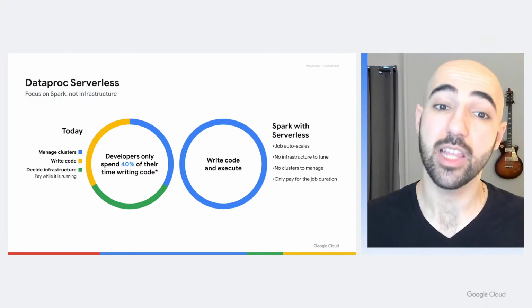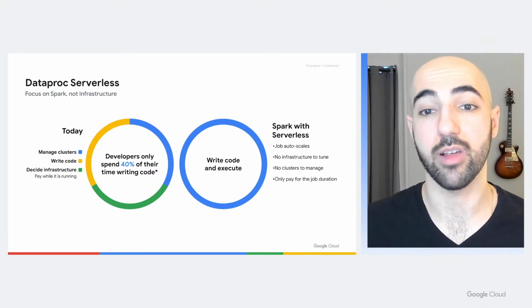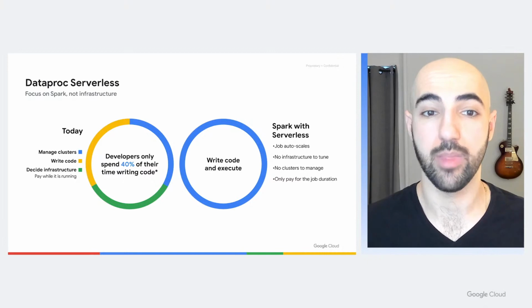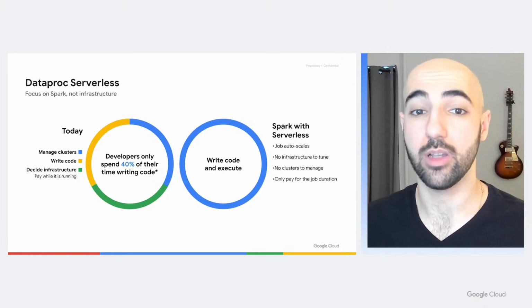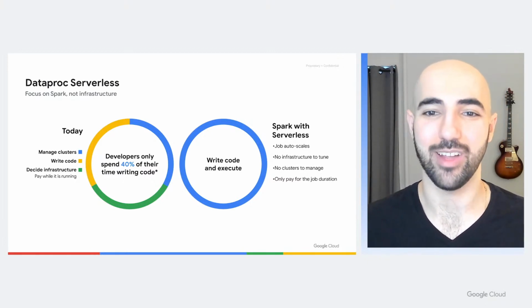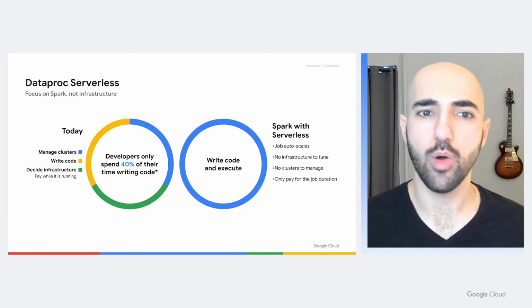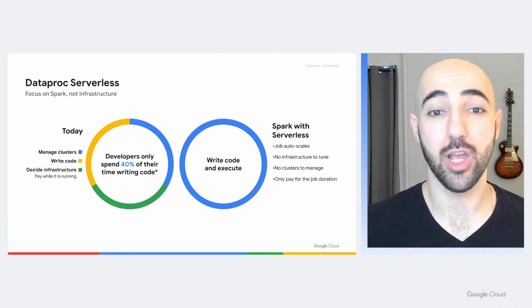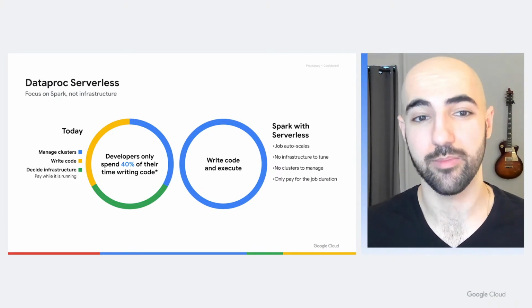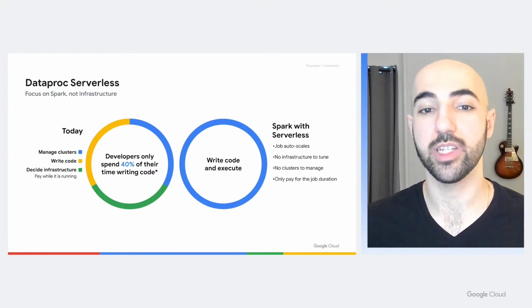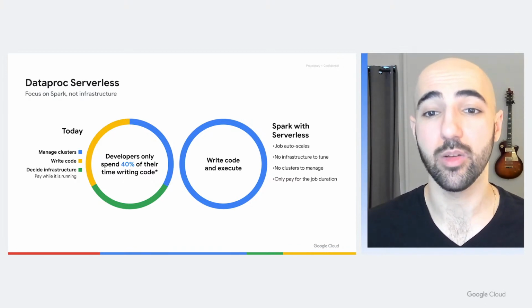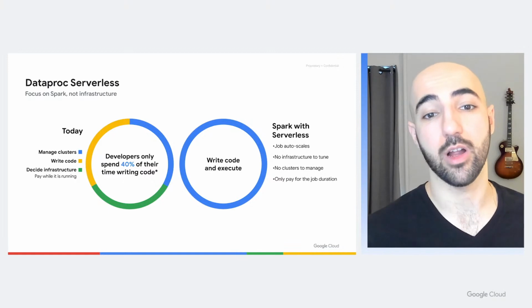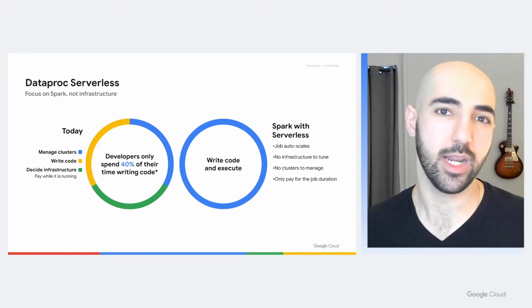With serverless, the auto-scaling and infrastructure configurations are taken care of for you. You can spend your time focusing on the code while letting us handle the rest. Additionally, you only pay for the job duration with no additional infrastructure provisioning costs. You could submit serverless jobs through the API, but as mentioned, we've also incorporated it into some of our other product offerings. So let's go ahead and take a look at those.